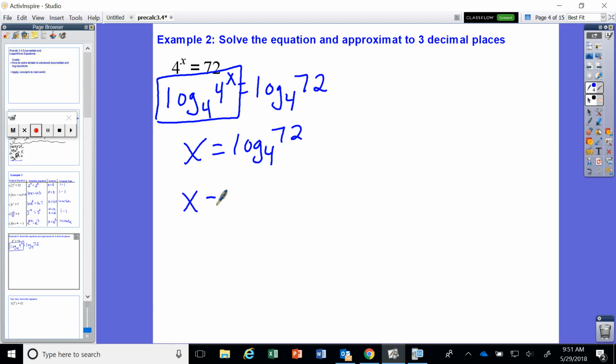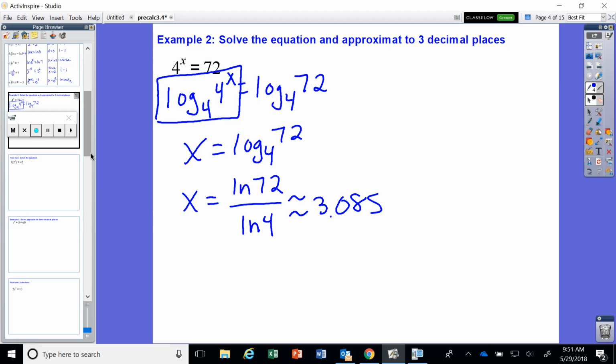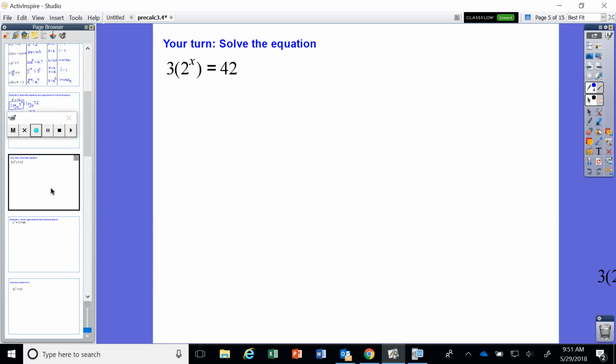Remember, our change of base says this is the natural log of 72 over the natural log of 4, and it roughly comes out to be 3.085.